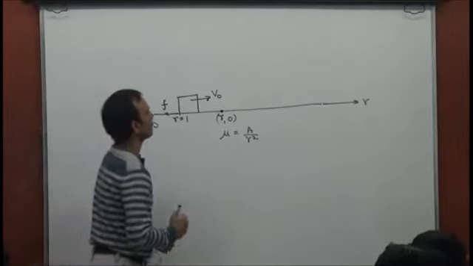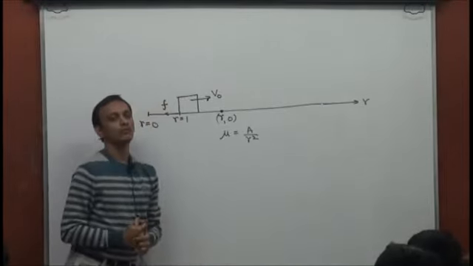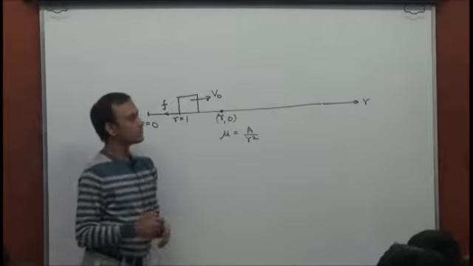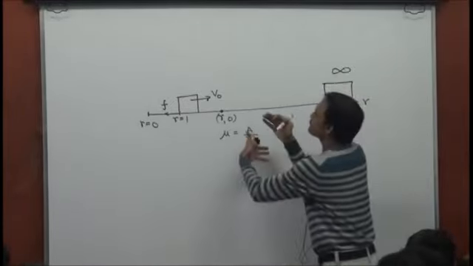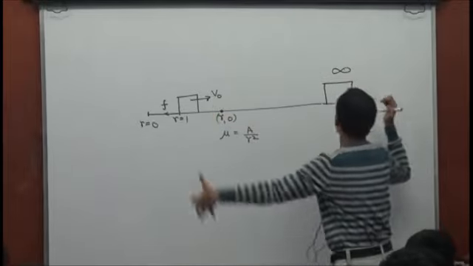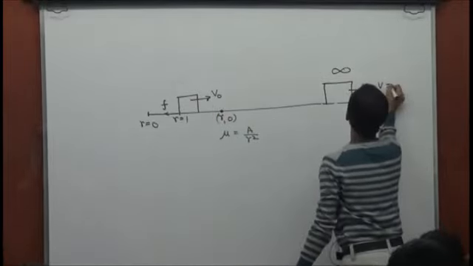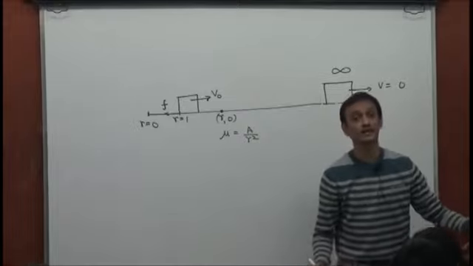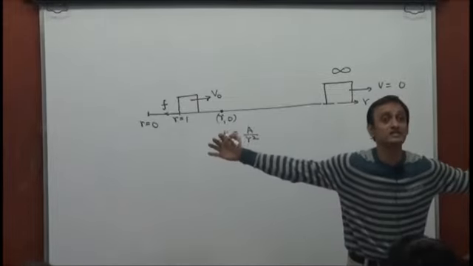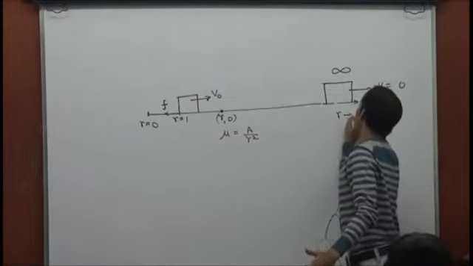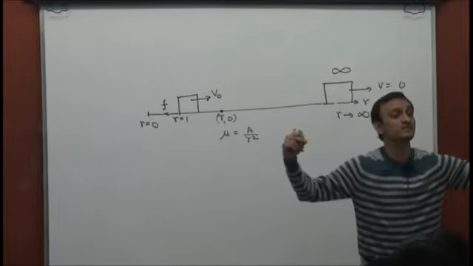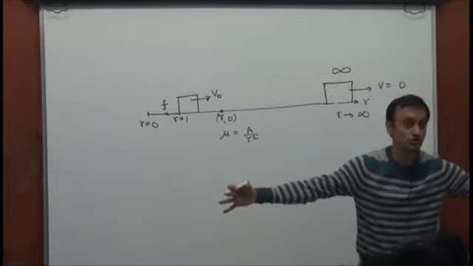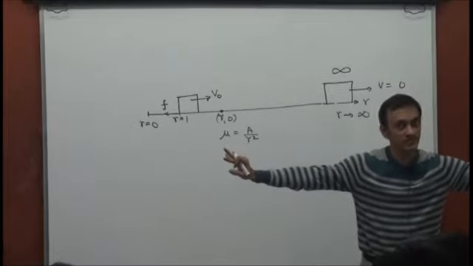So what we want is, at infinity, a theoretical position meaning very, very far away, the velocity just about becomes zero. This is like r tending to infinity. When r is very, very large, the velocity comes closer and closer to zero. That's what it really means, right?